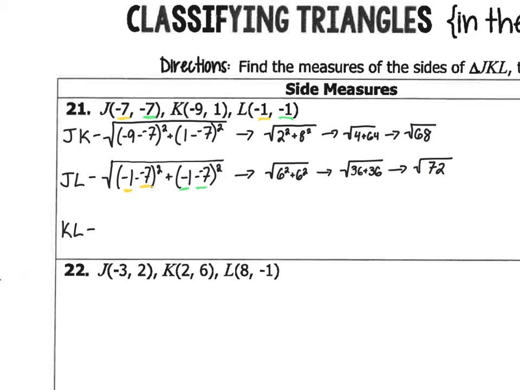Good. Okay. And then your last one, KL, you're going to get, I'll use these two colors. So K and L. So you're going to have -1 minus -9 plus -1 minus 1.